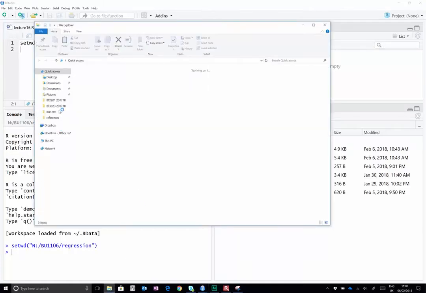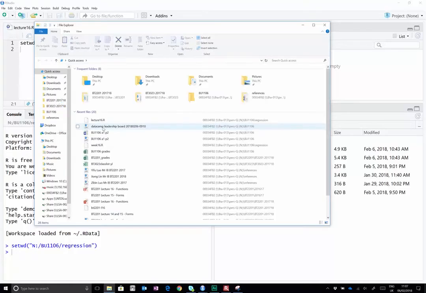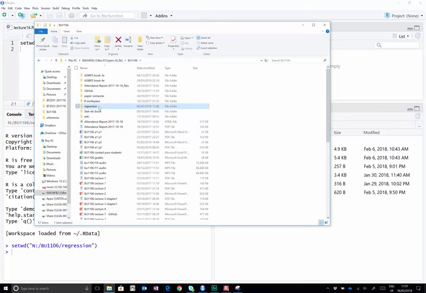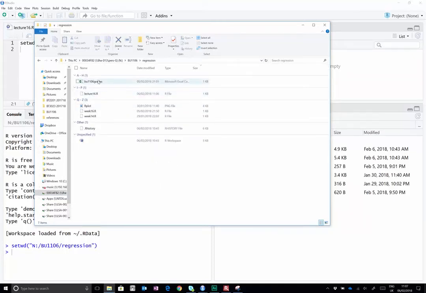Let's have a look at that. These days, we can also use other symbols to separate the values. So, BU1106, regression. It's a CSV file, and because this is a Windows machine with Office installed, Windows suggests opening this file with Microsoft Excel.